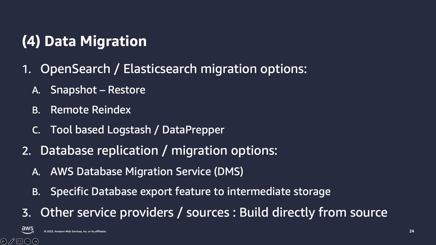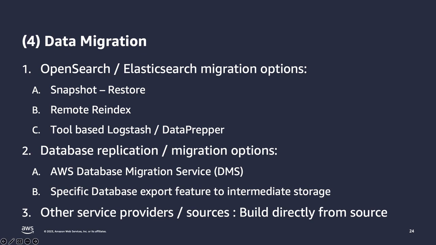So this is also an option that you can do. But if your source is a relational database, you'll be dealing mostly with the change data capture, the CDC process itself. The full migration typically happens only once, and after that, you need to set up a CDC pipeline that continues to replicate to OpenSearch.